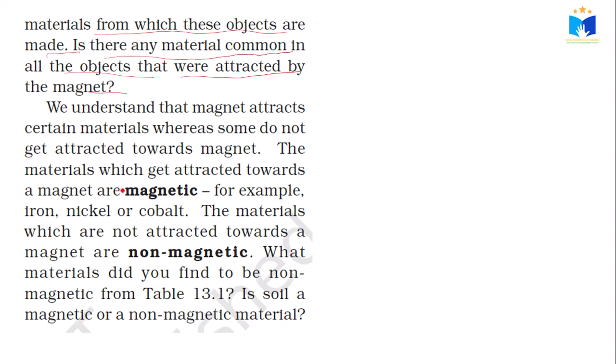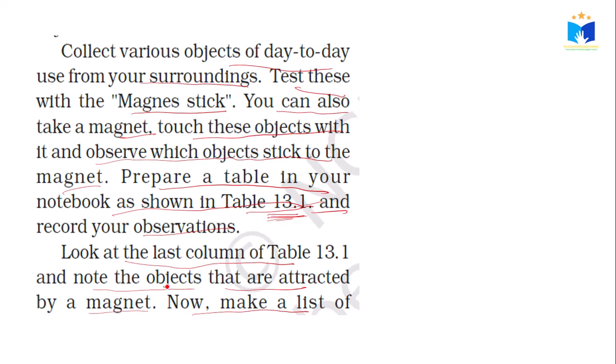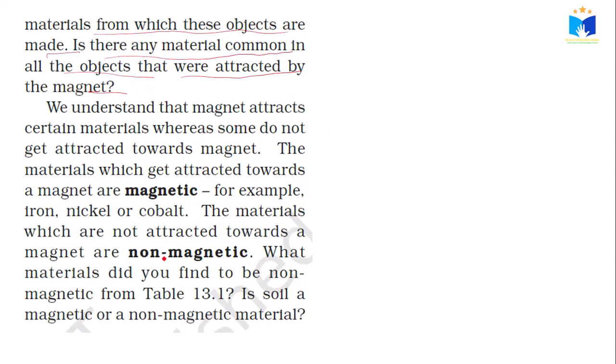We have to find those objects and make a list of the materials. We have to see whether this material is common among the objects that are attracted to the magnet or not.